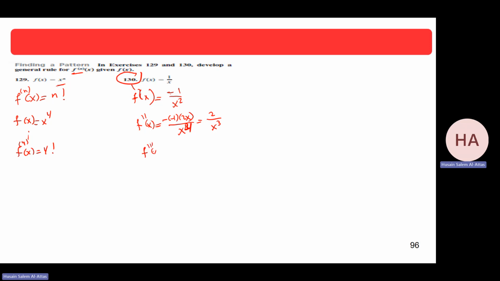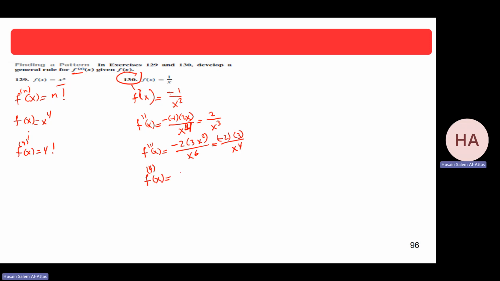Third derivative will be 2 minus 2 with 3x squared over x to the power 6. In other words, it's minus 2 times 3 over x to the power 4. I think it's very clear where we're heading. Let me do the fourth one to see it.